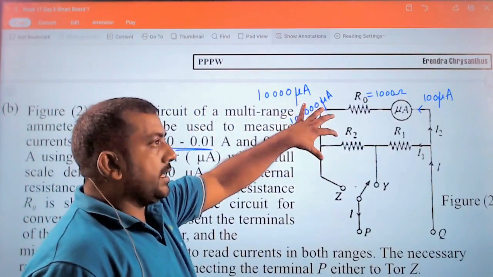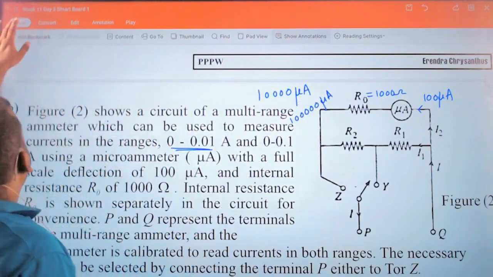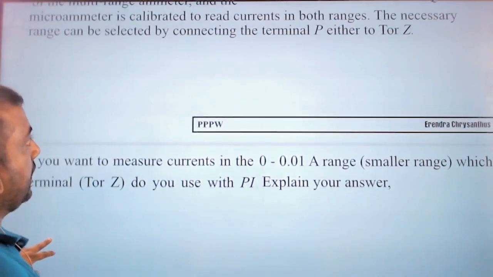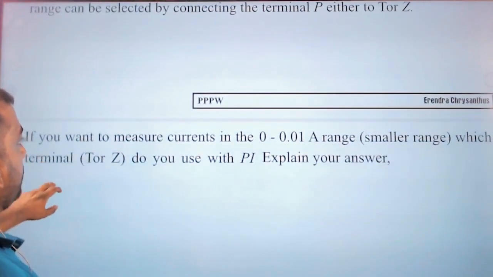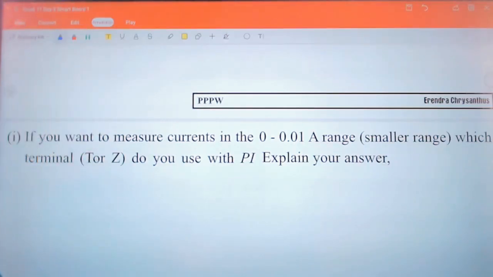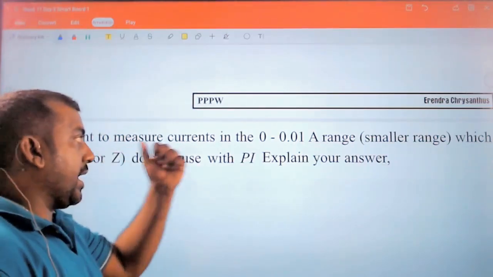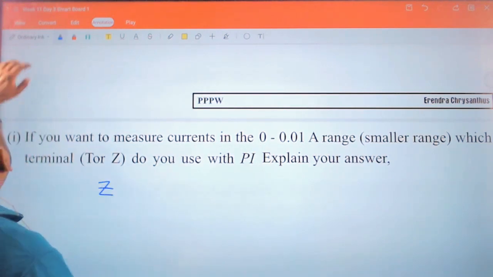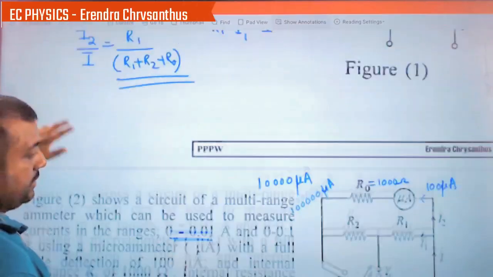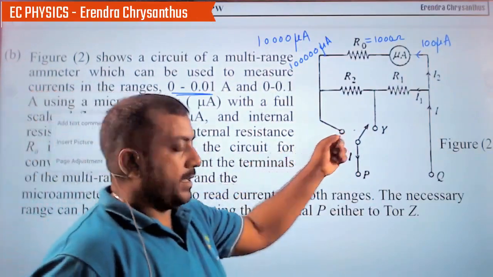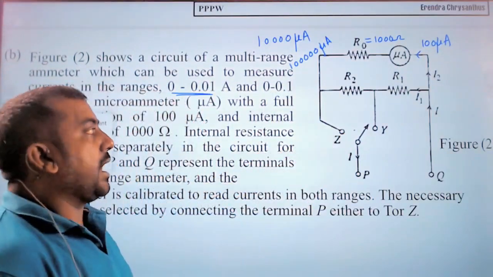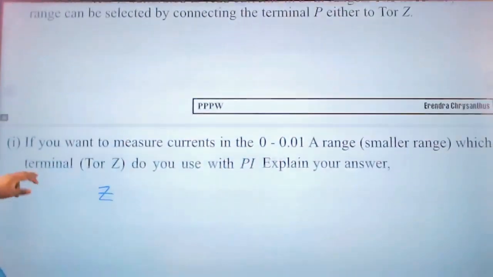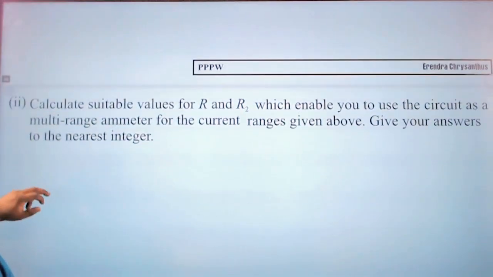Larger the current, smaller the shunt resistance. So here your answer will be, if you want 0.001 ampere, smaller the current, larger the resistance. So it will be Z. Yes, it will be Z. Smaller the current, greater the shunt resistance.